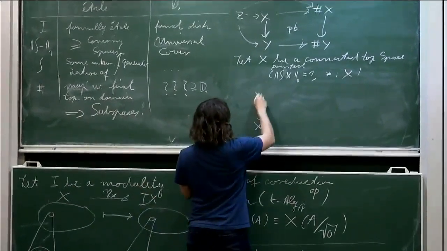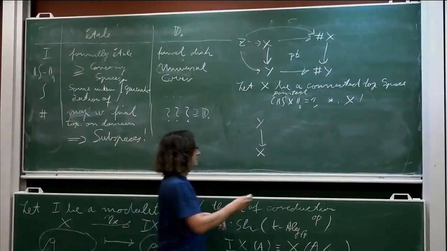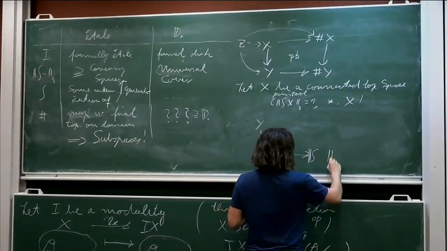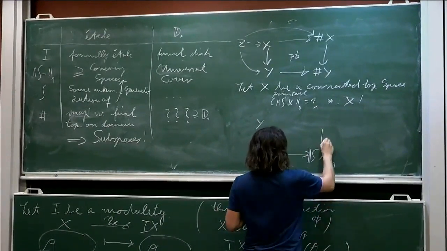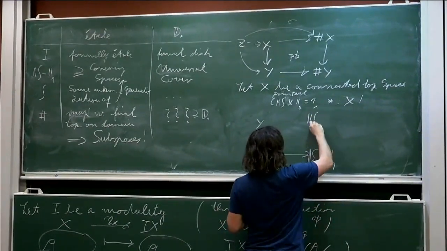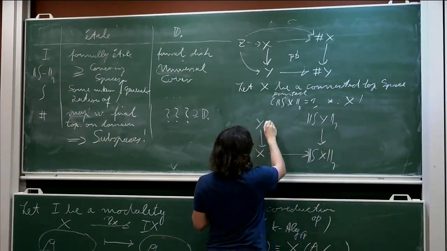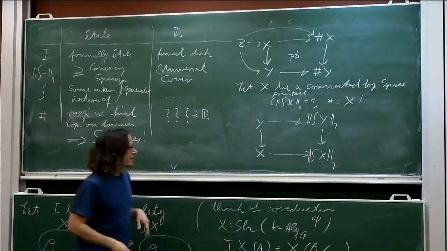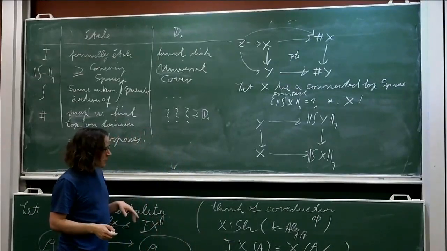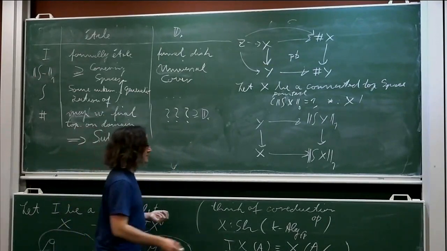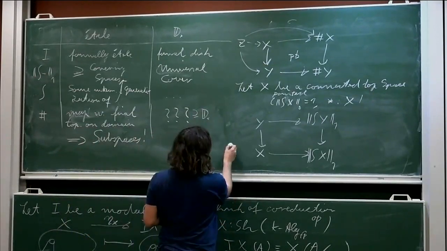If you have some map into X such that this square is a pullback, which means the map is a covering, then there's a lifting criterion for topological spaces where you say something similar to up here.